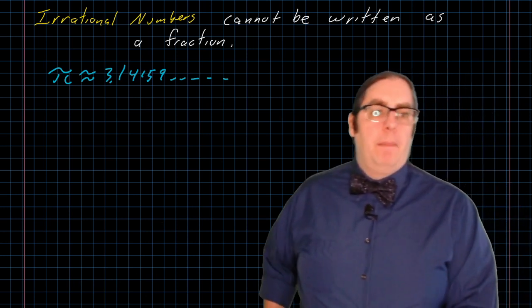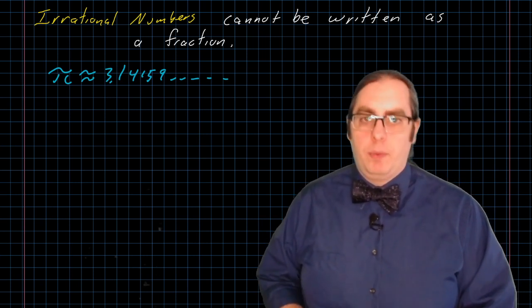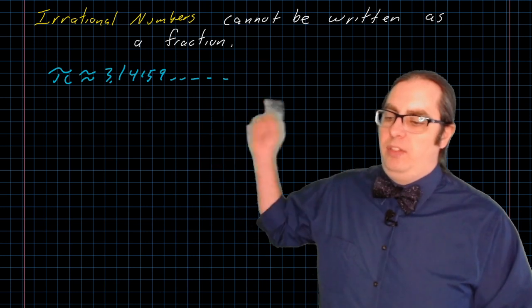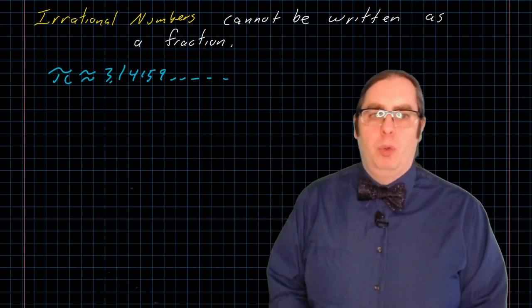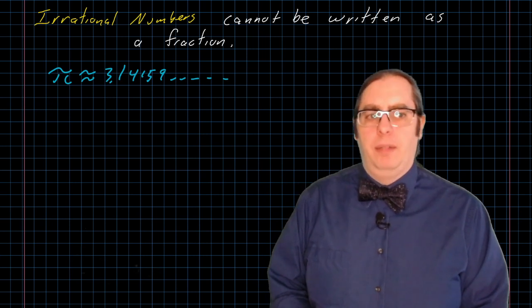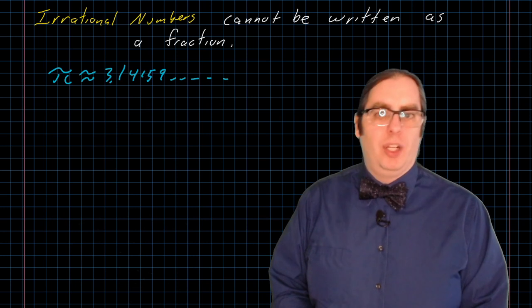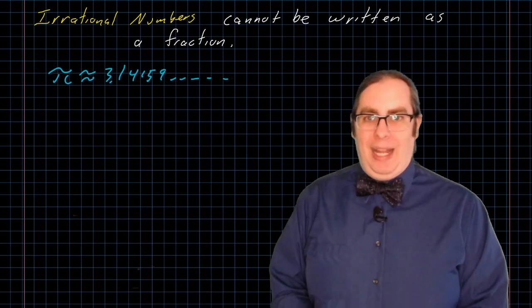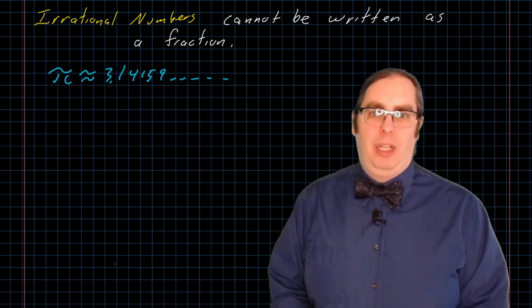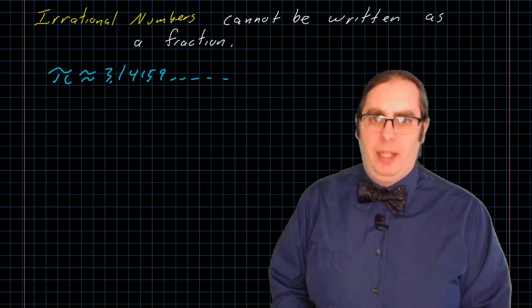Pi is famously a non-terminating, non-repeating decimal value. These digits continue onward indefinitely, and they seem to proceed mostly randomly. One of the interesting questions that mathematicians are trying to figure out how to answer, not as much because the answer itself is interesting, but because we don't know how, and inventing a tool that will allow us to do this seems like something that might be useful for something else somewhere along the way.